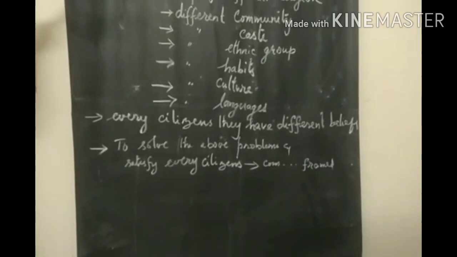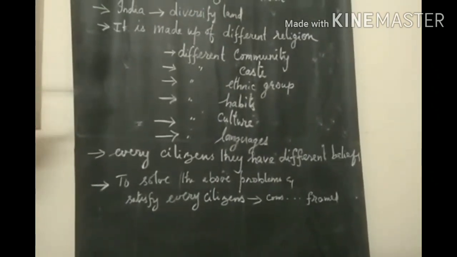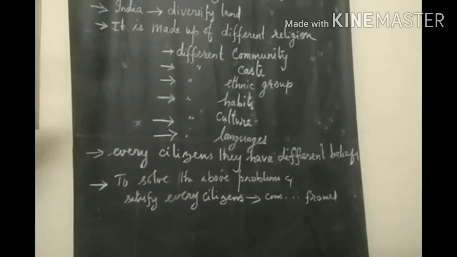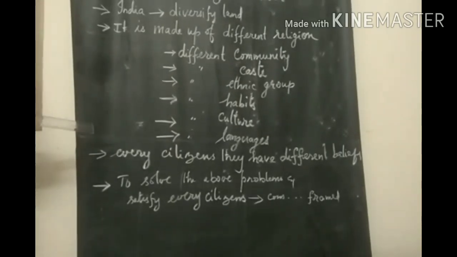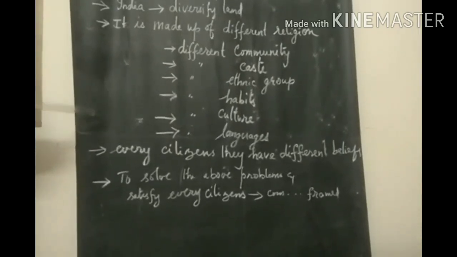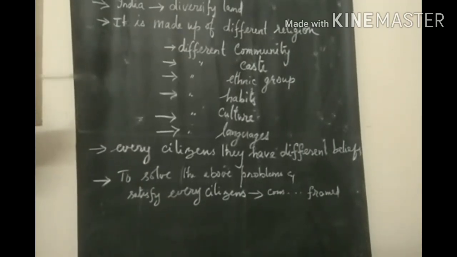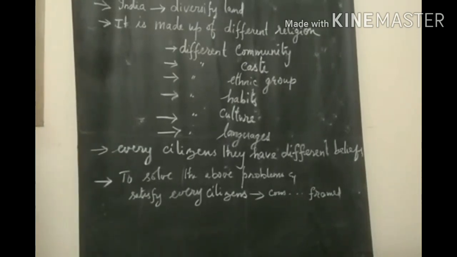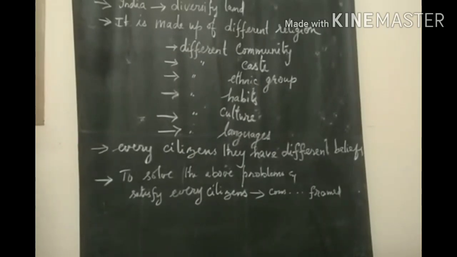Because of the diversified land, each and every citizen has different beliefs. To solve the problems, there is a need for framing a constitution. The constitution will be helpful in satisfying or fulfilling the beliefs of different kinds of citizens in a country. That is the reason why a constitution was framed.